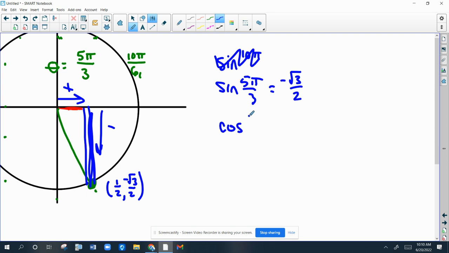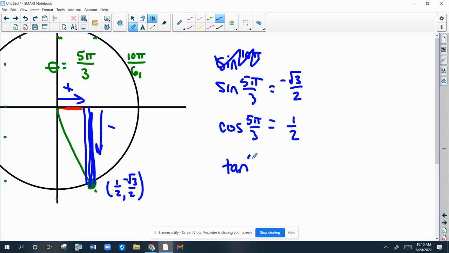Cosine is the x value. Now we have tangent, cosecant, secant, cotangent. Those are all just based off sine and cosine. So once you have sine and cosine, you have them all. For tangent, it's just sine over cosine.